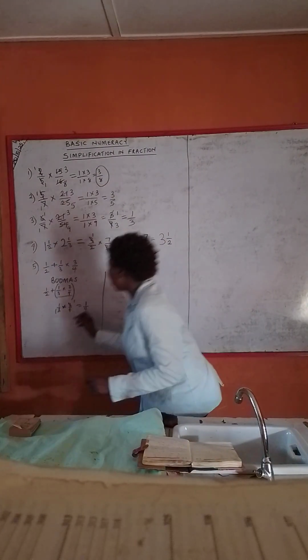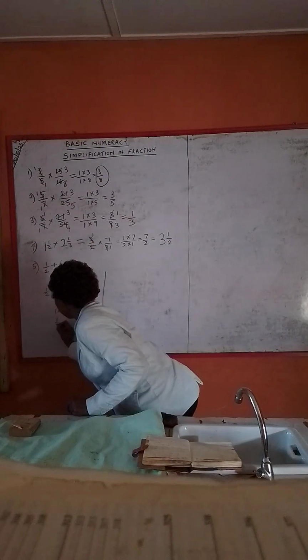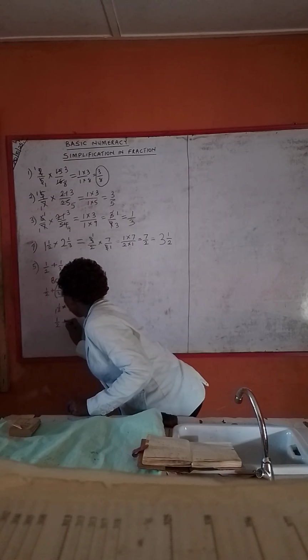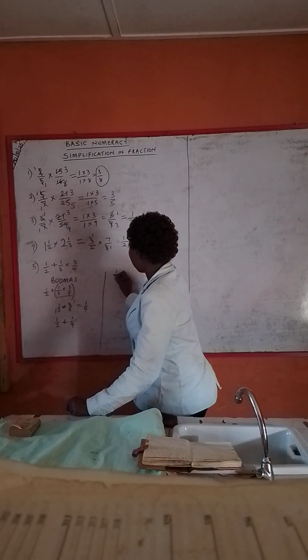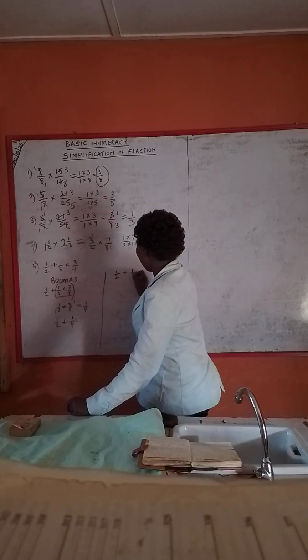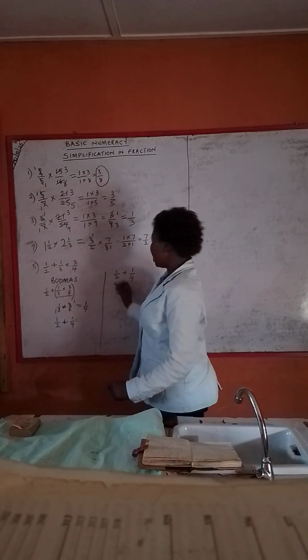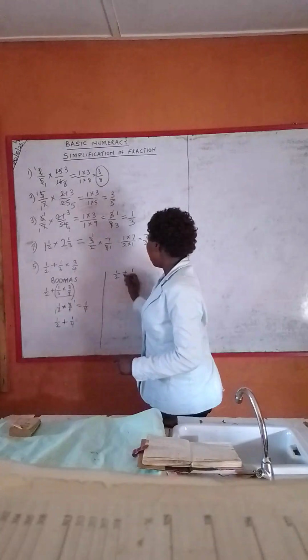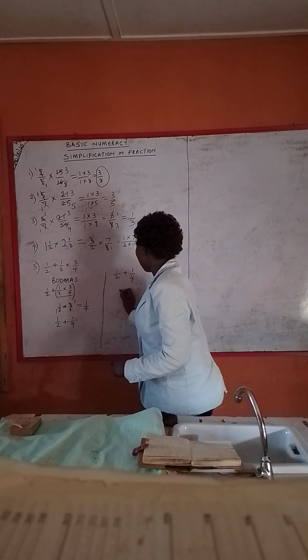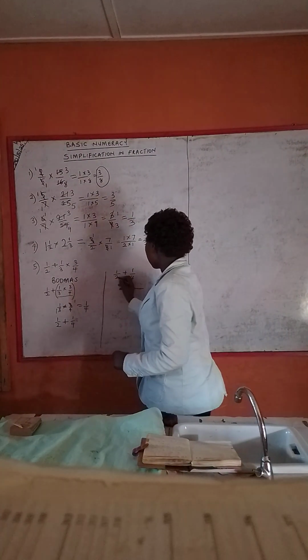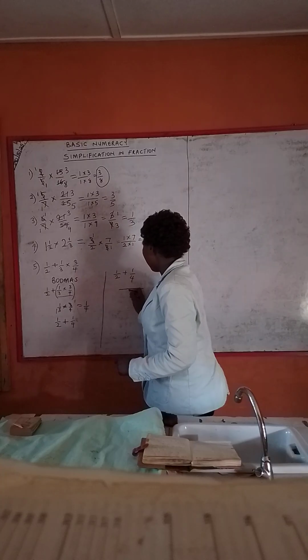Now you go ahead to do 1 over 2 plus your answer. What's your answer? 1 over 4. So 1 over 2 plus 1 over 4 will now be what? The way I've taught you how to do addition in fractions, all you need to do is get the lowest common multiple here, and this will be 4.